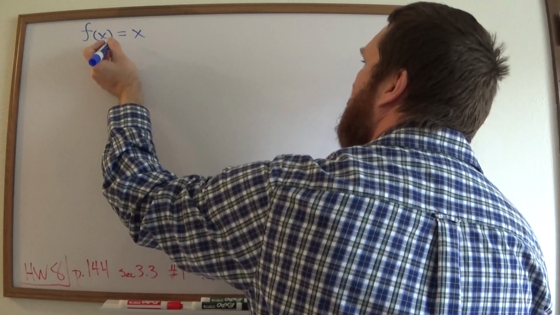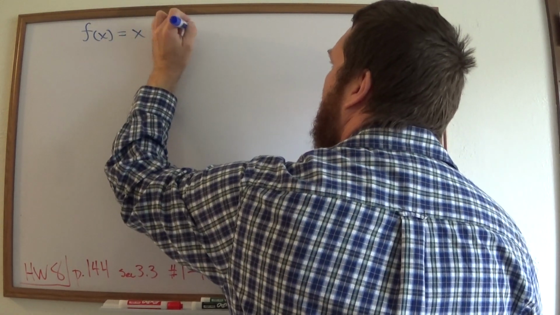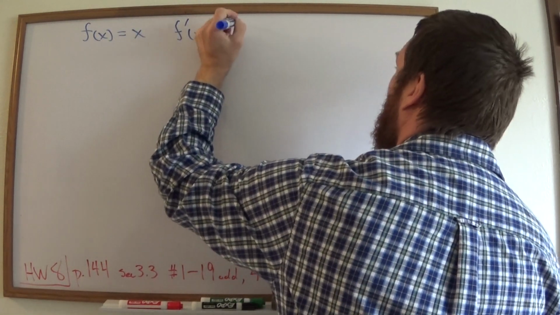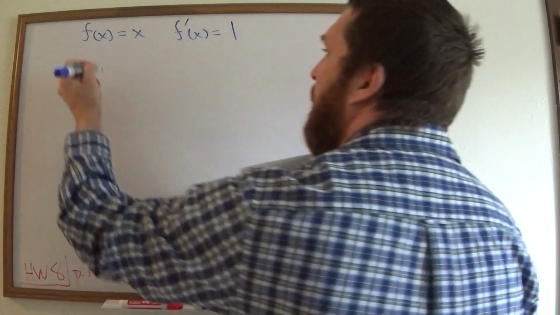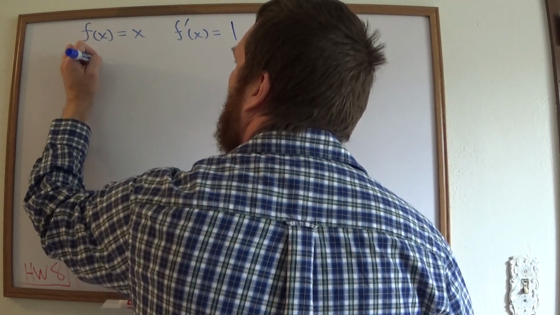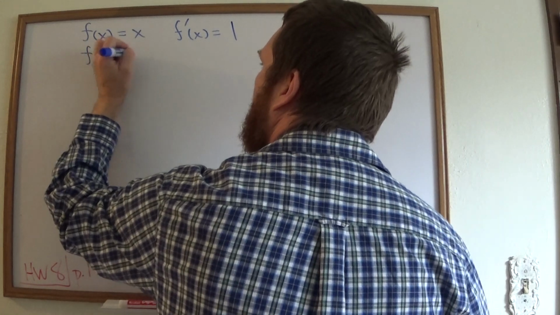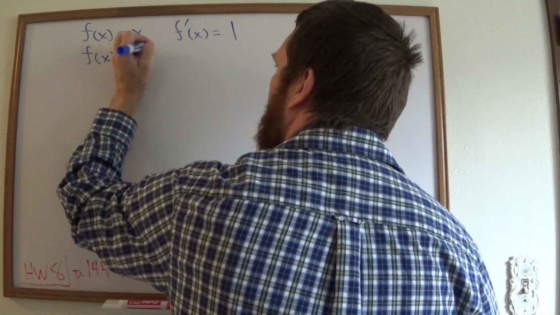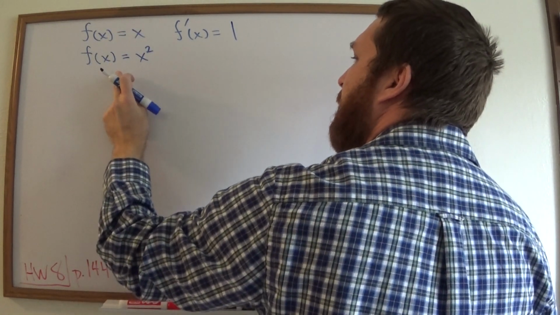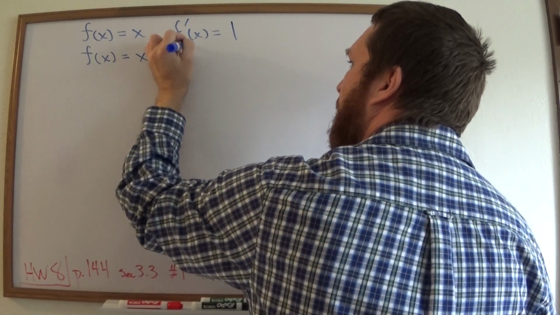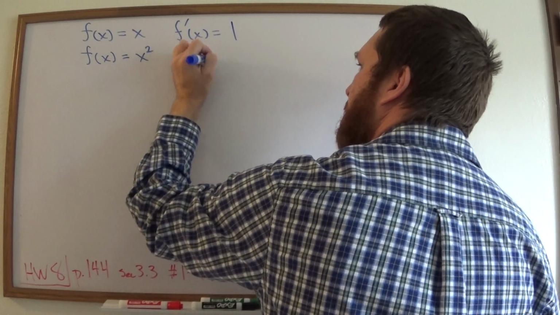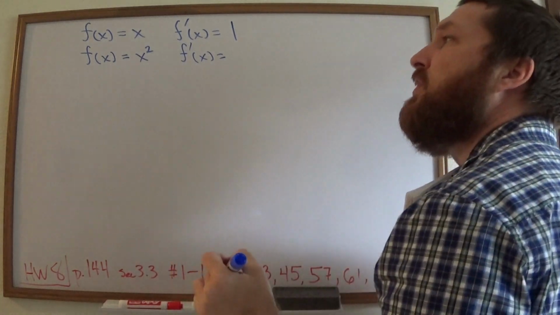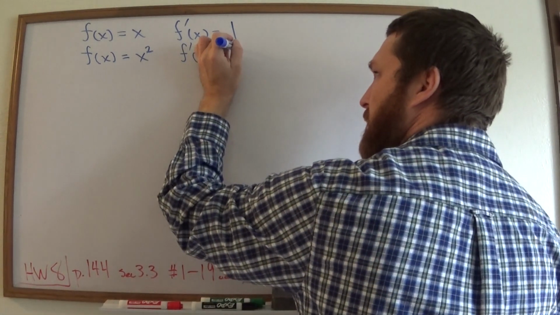If f of x is x, then f prime of x is, what did we just say? 1. Okay. Now, we found this one before. I think you did this both in class and in the homework. If that's f, then the derivative of it, does anybody remember this? 2x. Okay, yes, that is true.